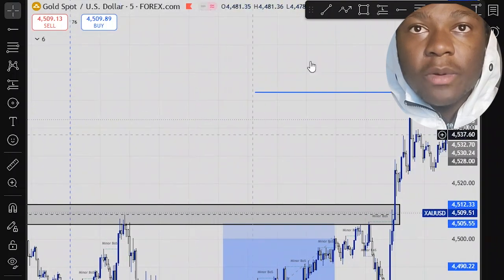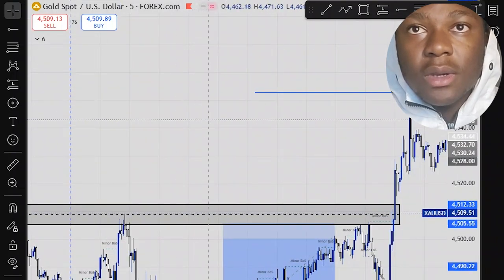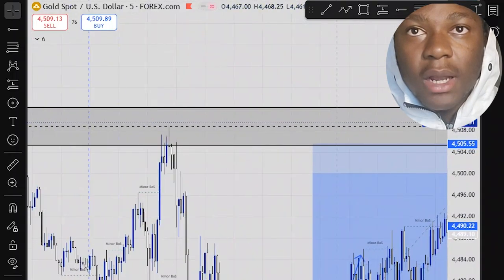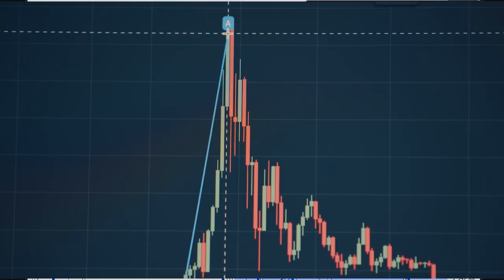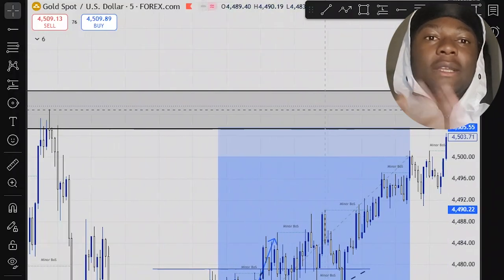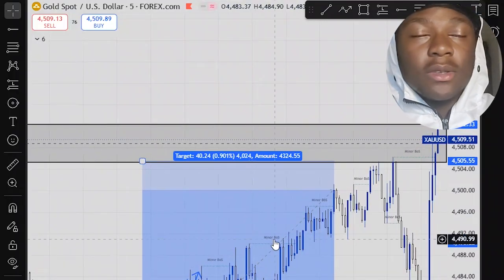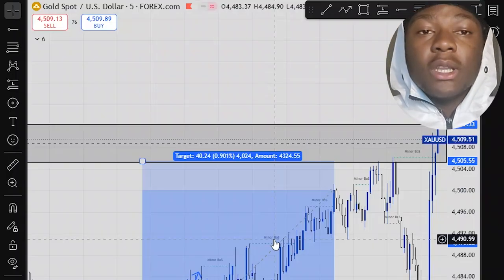You draw the fib from swing low to swing high, and you can see what happens. We touch the black line, get some type of rejection, we enter the trade, and this trade bangs. LBF always does this. It always works. So it's your choice at the end of the day.